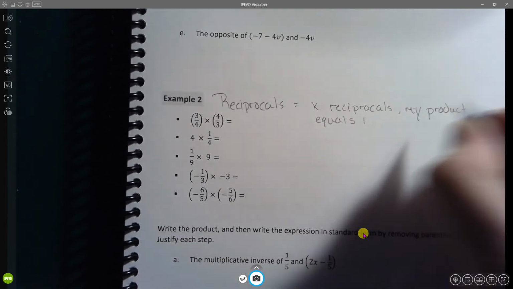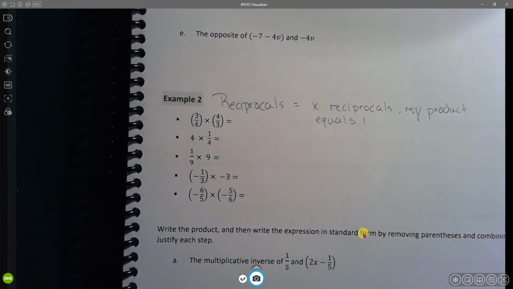Okay, another rule. So if I'm right, if these are all reciprocals of each other, then that means I should get a product of 1.